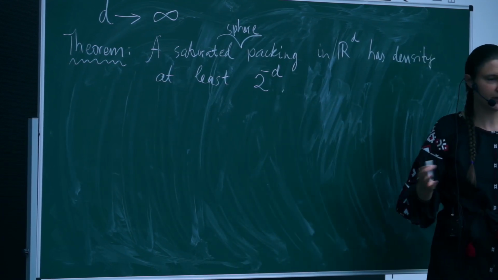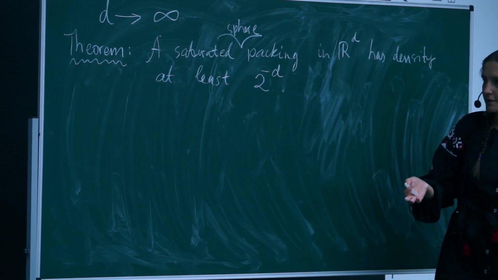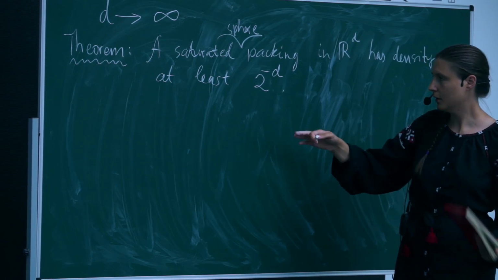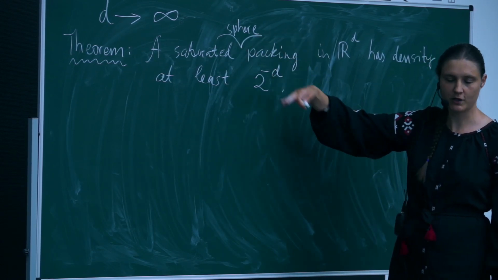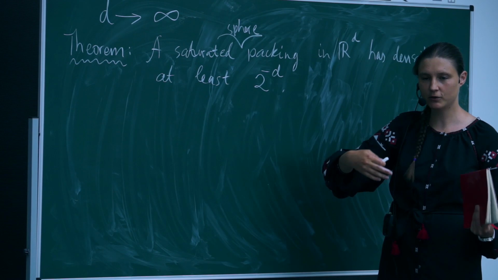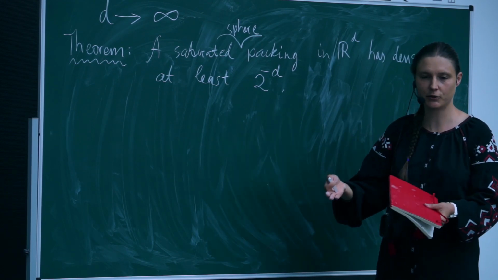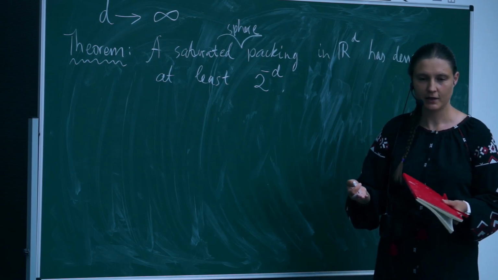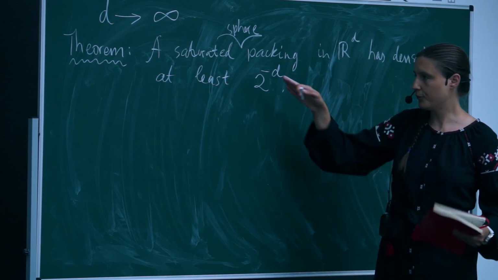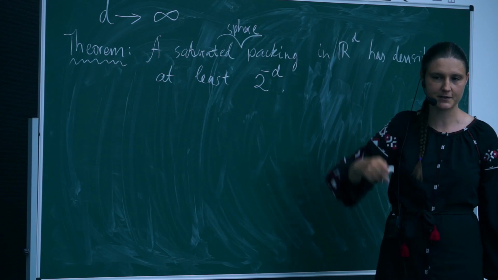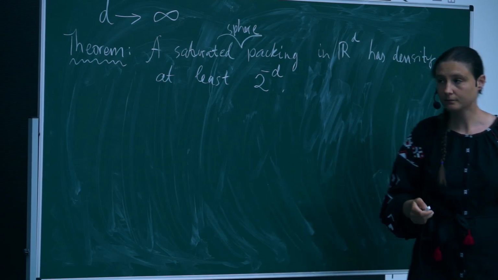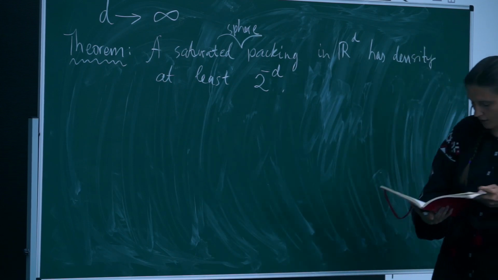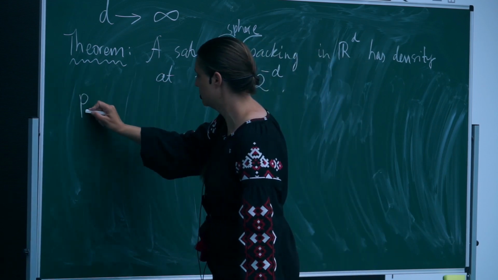A saturated packing means that we have a configuration of spheres which is a sphere packing, and we cannot add any single sphere to this packing. Whatever sphere we add, it will overlap with one of the spheres we have already selected before. The proof is actually very simple.